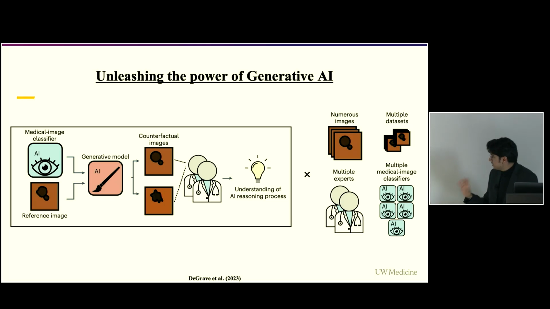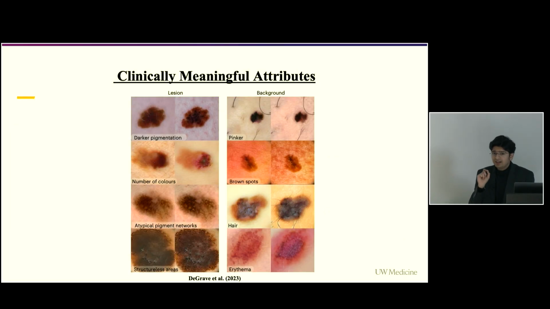And this was very interesting because now the clinicians were able to identify features that the model may have picked up on while classifying whether an image had cancer or not. Like here, we see that if a lesion is present, they identified that the model was seeing whether the pigmentations were dark or not, what sort of pigment networks were present, or what were some of the structural features present when a model identified a particular image as having cancer or not.